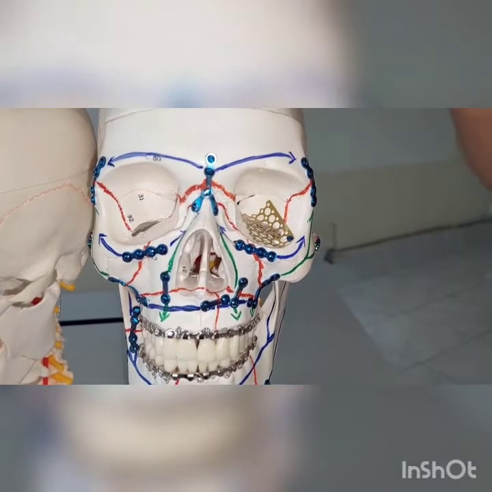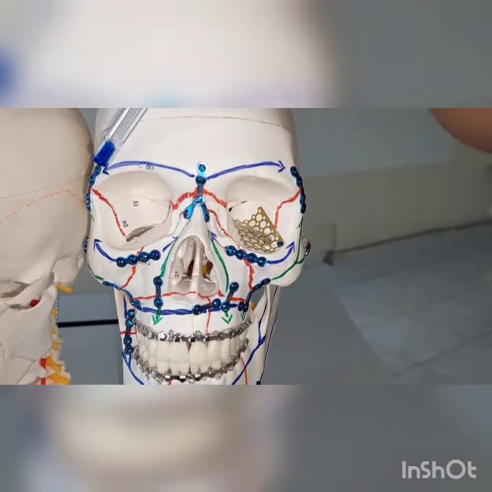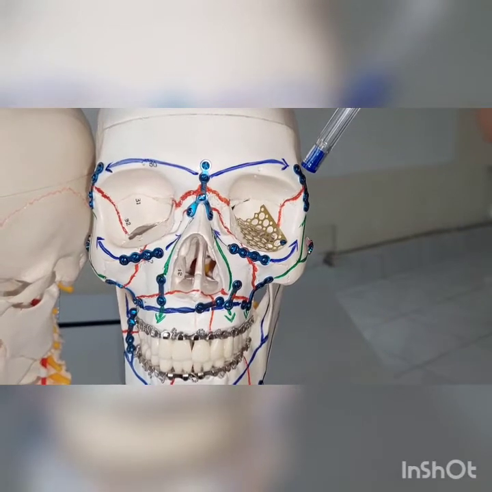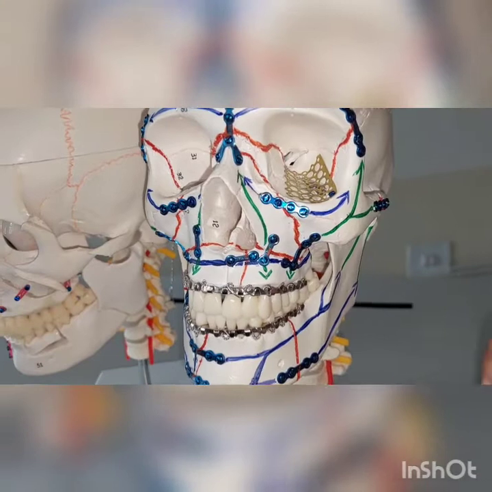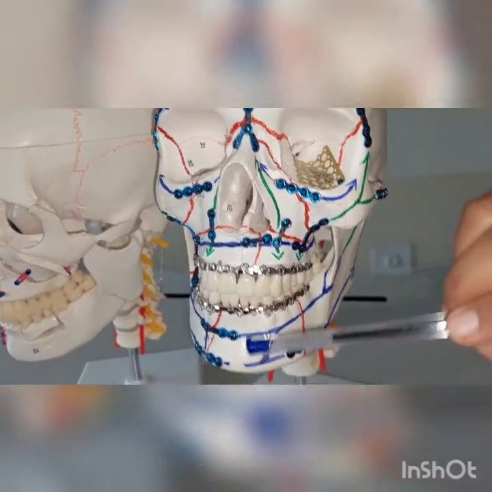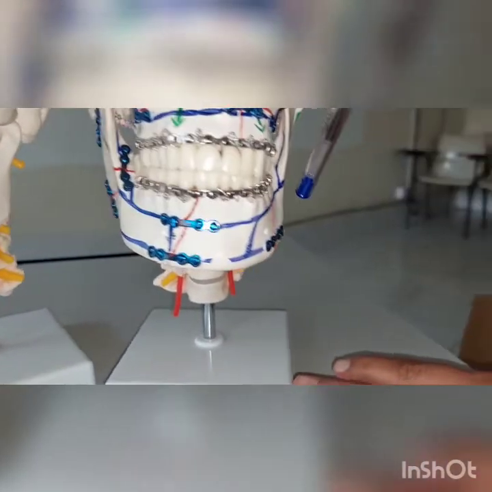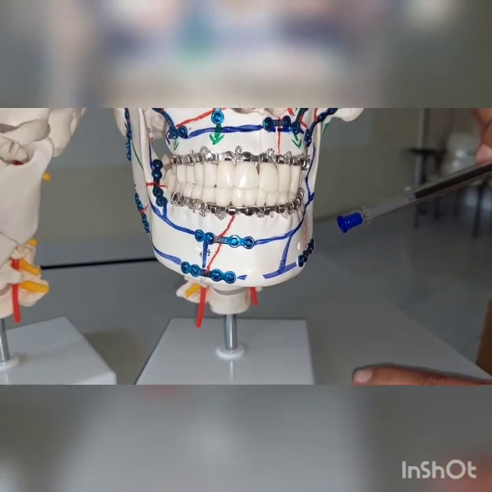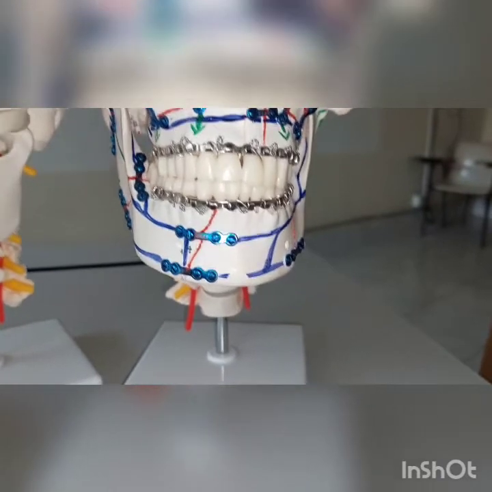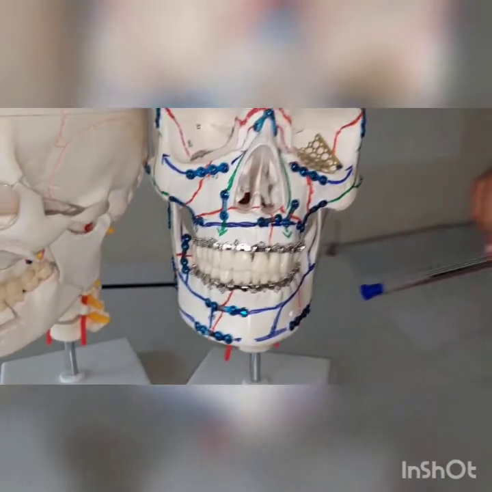The blue line is called the horizontal buttress line. The green lines are called the vertical buttress lines. In the mandible, these lines, the horizontal buttresses and the vertical buttress lines, are commonly called Champy's lines of osteosynthesis.